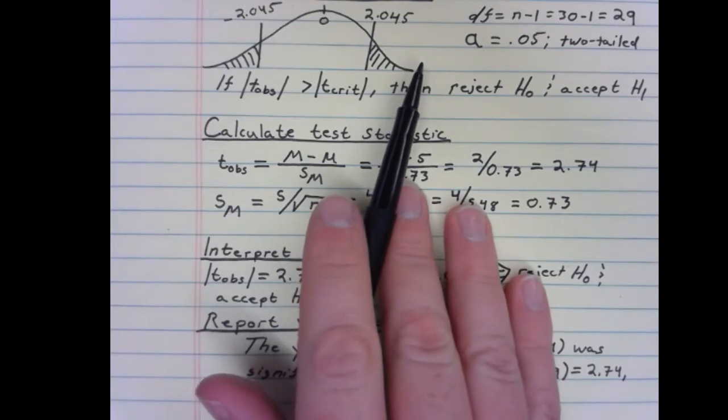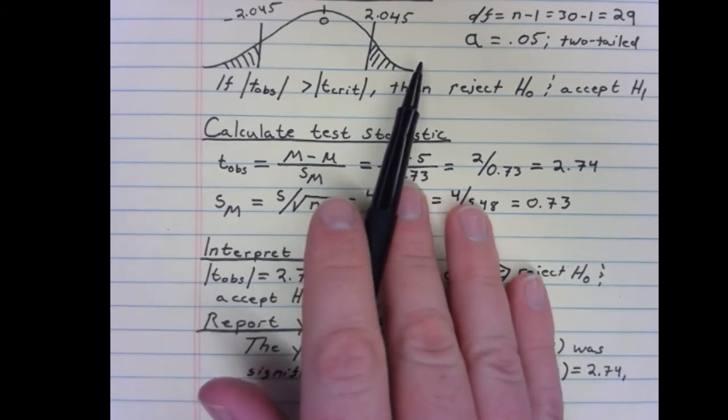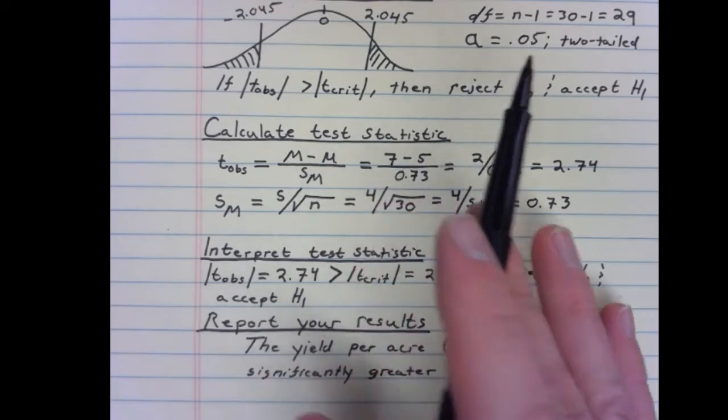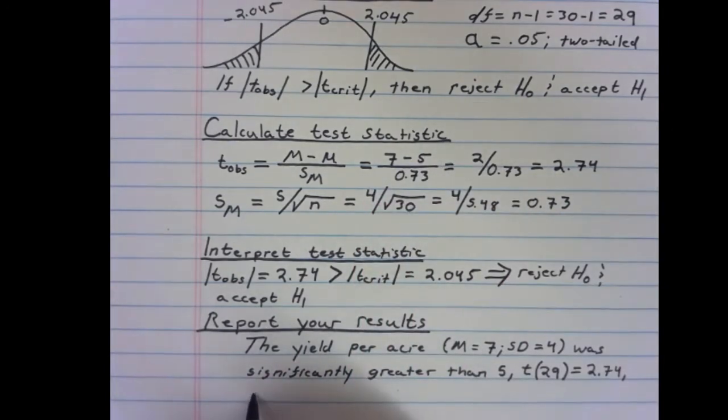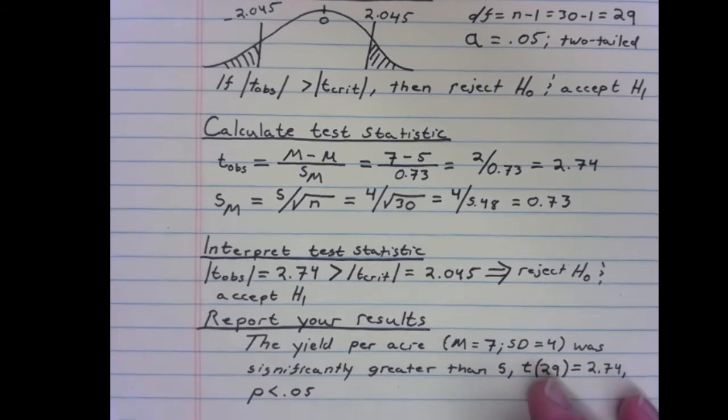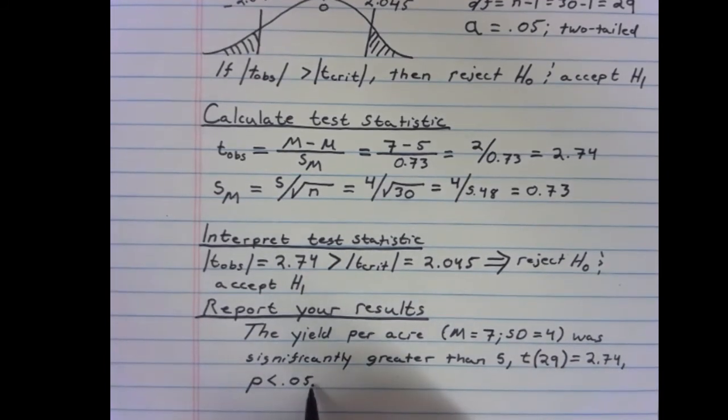Therefore, its probability has to be less than 0.05. And so that's how we're going to report it. The probability of obtaining our test statistic was less than 5%, or 0.05. And at its most basic, that's how you would report the results for this test.